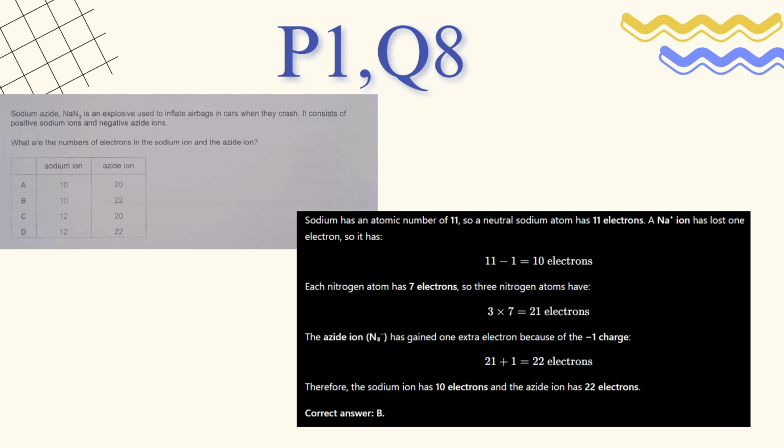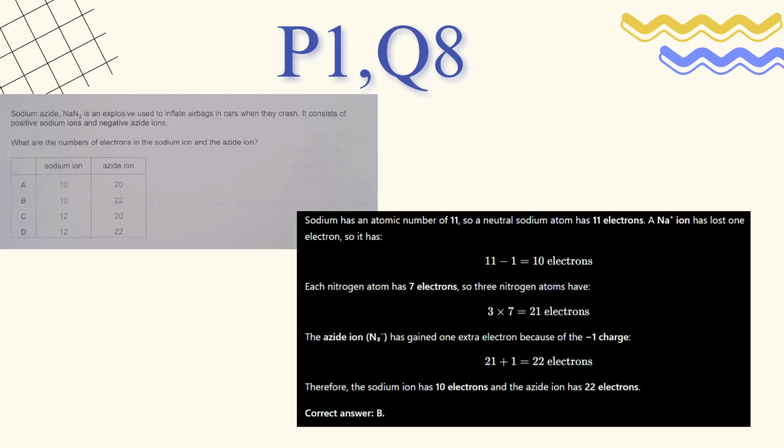And then for question number 8, sodium azide is an explosive used to inflate airbags in cars when they crash. It consists of positive sodium ions and negative azide ions. What are the numbers of electrons in the sodium ion and the azide ion? Well, sodium has an atomic number of 11, so a neutral sodium atom has 11 electrons.